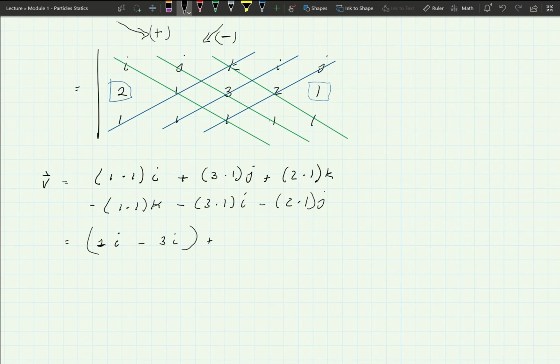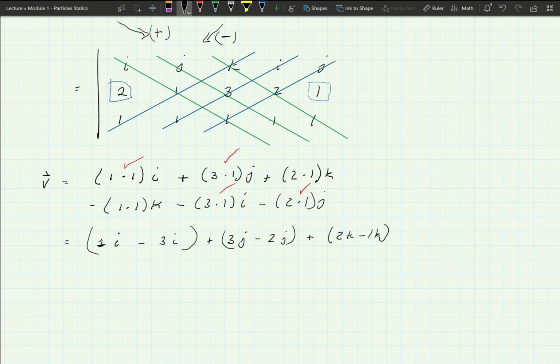Plus 3 times 1j is 3j, minus the 2 times 1, which is 2j. And again, if you like doing this, you can do this on your paper if it helps. Just make sure you get everything in here. Engineers aren't accountants, but sometimes it helps to think like that. Plus 2k minus 1 times 1k.